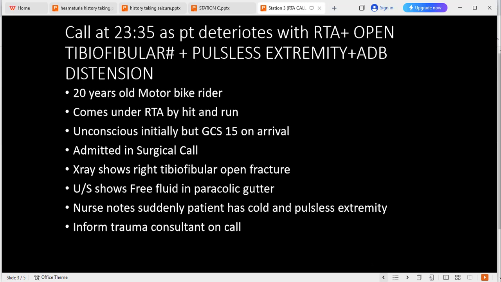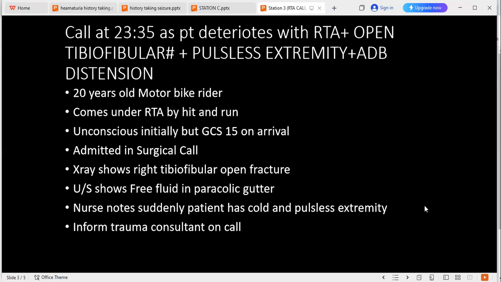He's hemodynamically stable, and his lab investigations were normal, apart from increased C-reactive protein. He also has a left flank abrasion. We did an X-ray, and it showed right tibia and fibula fracture.